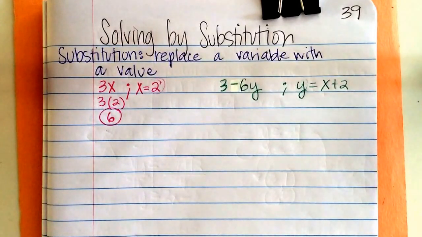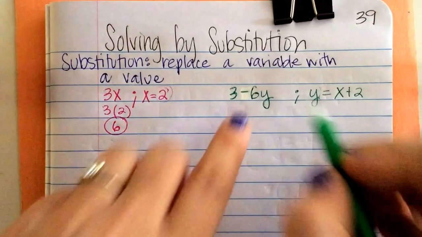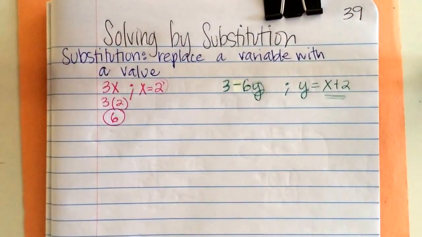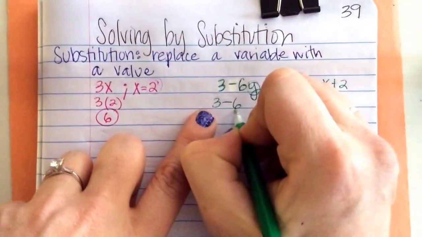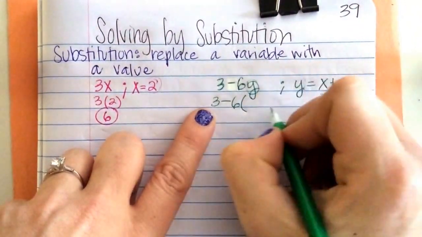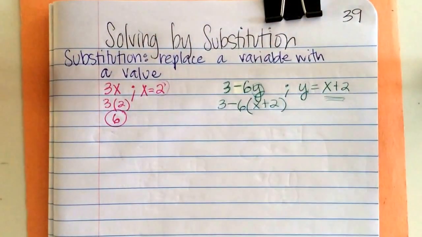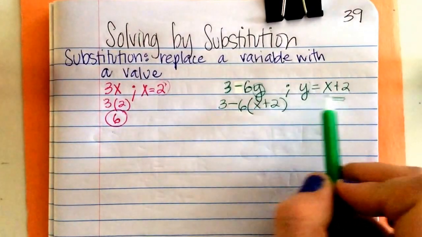What are you going to do, Julia? Instead of y, I'm going to put x plus 2, right? 3 minus 6. Remember, whenever we substitute, we use parentheses. Instead of y, I'm going to put x plus 2.